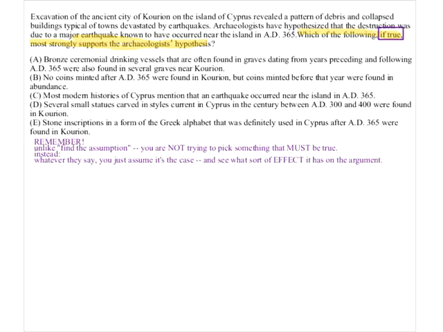The best thing you can do on strengthen and weaken is simplify the argument. What I mean by that is you should try your best to boil the argument down to one or two statements.